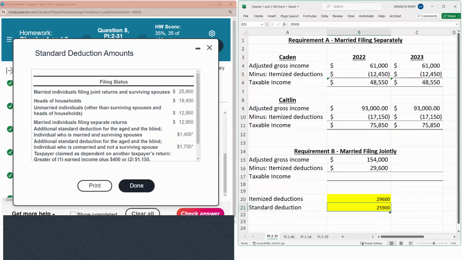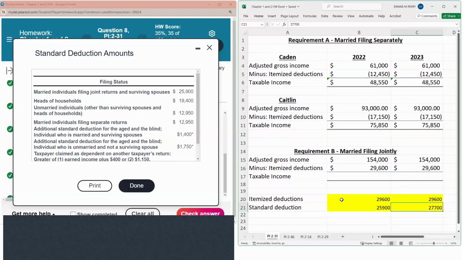So for 2022, the standard deduction was 25,900. And for 2023, the standard deduction is 27,700. So if we compare it for both years, in both years, it works better in their favor if they claim itemized deductions.